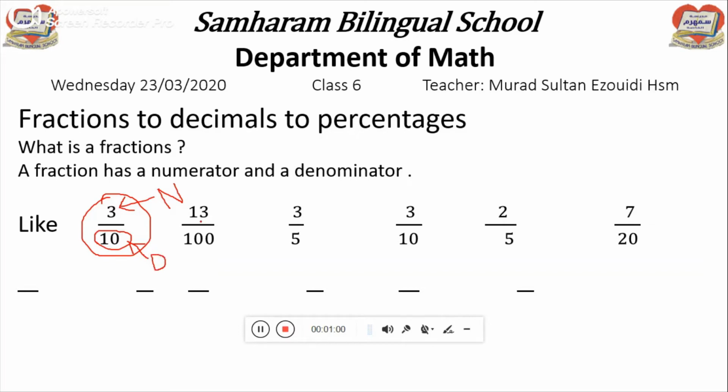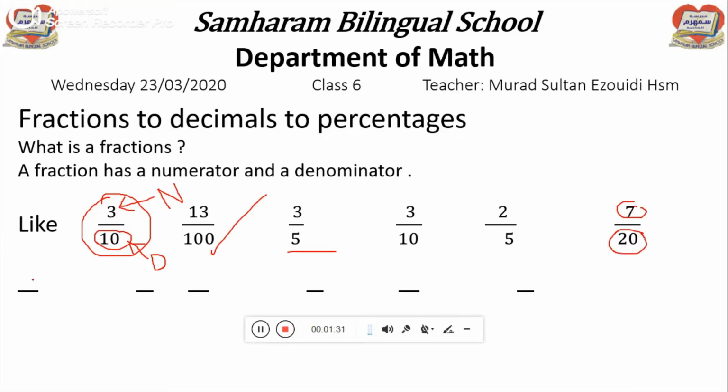Any fraction like 13 divided by 100 is a fraction. Then 3 divided by 5 is a fraction also. 3 divided by 10 is a fraction. 2 divided by 5 also is a fraction. 7 divided by 20 is a fraction, because it has a numerator and a denominator. The value of the numerator is 7 and the value of the denominator is 20.